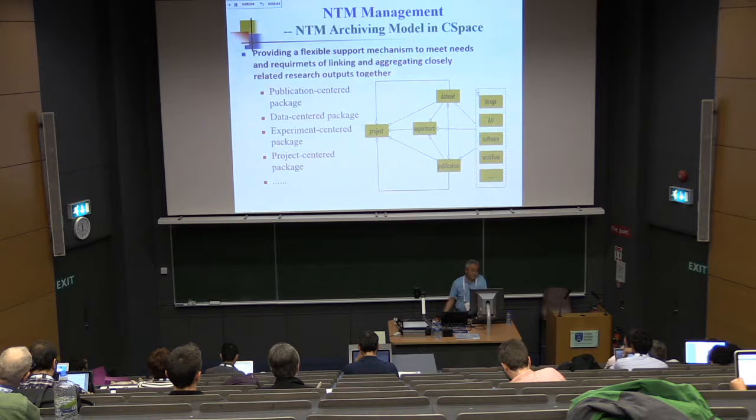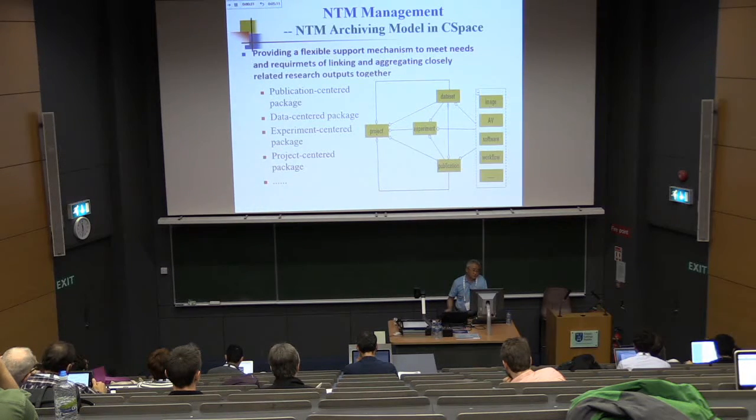With the compound object model, we can provide a flexible support mechanism to meet the needs of linking and aggregating closely related research outputs together. For example, we can create a publication-centered package to package all of the materials together, or we can create a data-centered package, or an experiment-centered package.